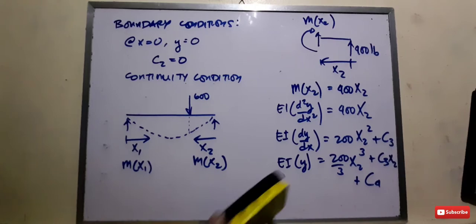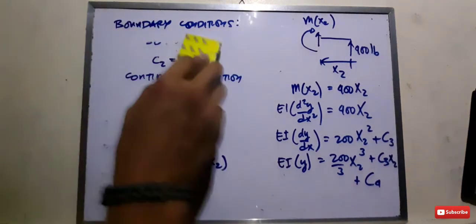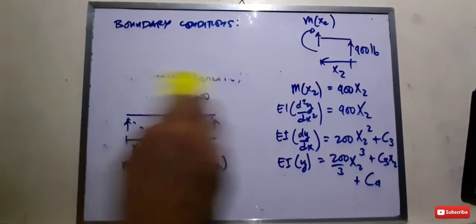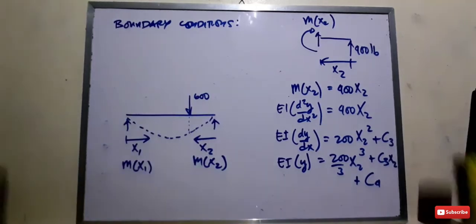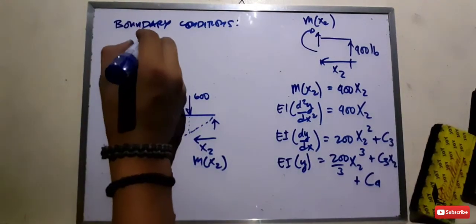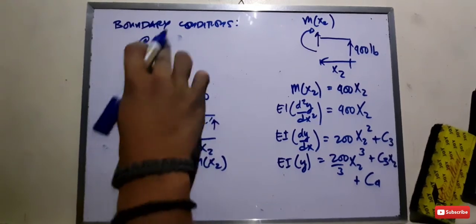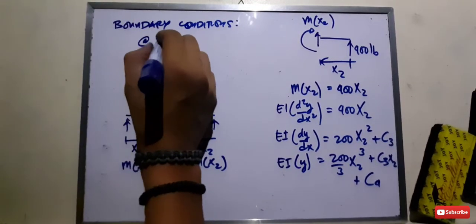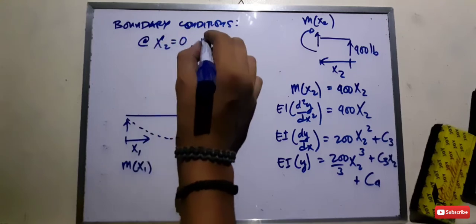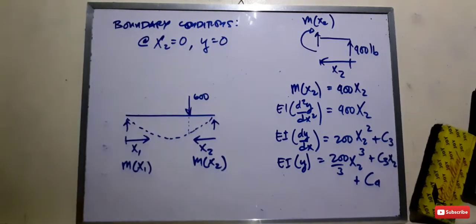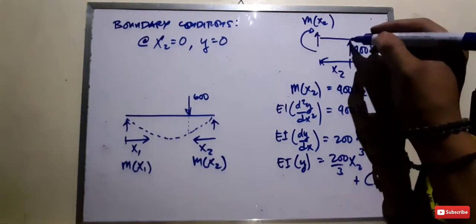Okay, boundary equation din tayo sa second moment equation as a function of x2, at x2 equals 0. Syempre y mo din equals 0. So dito yan sa roller support natin, no?